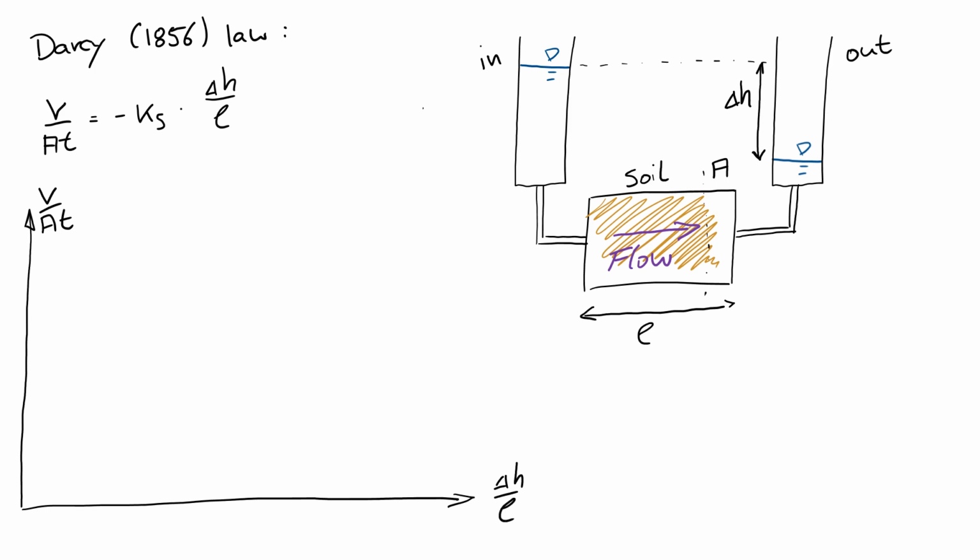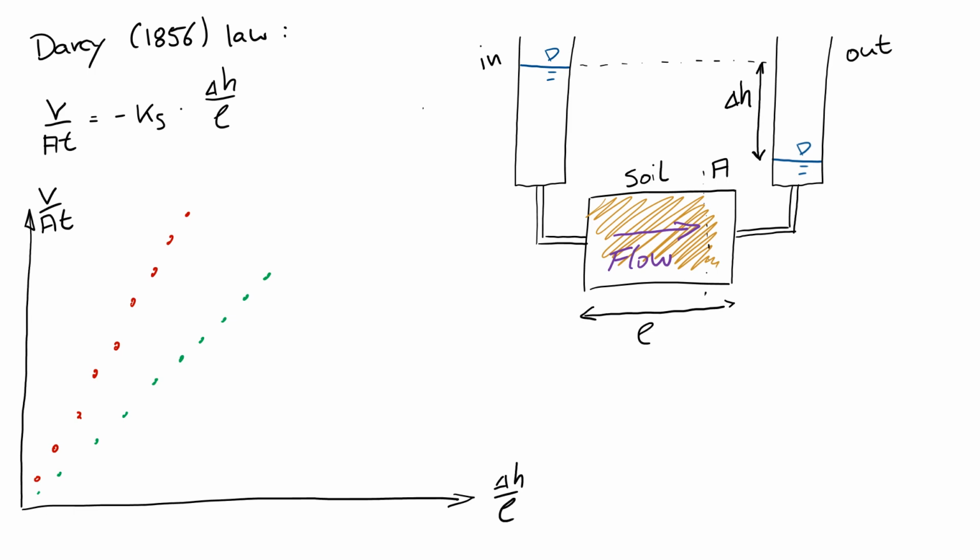And we're going to do it by switching out the soils that we have in our system. So for a first soil, we collect data such as this. And for a second soil, we create data such as this.